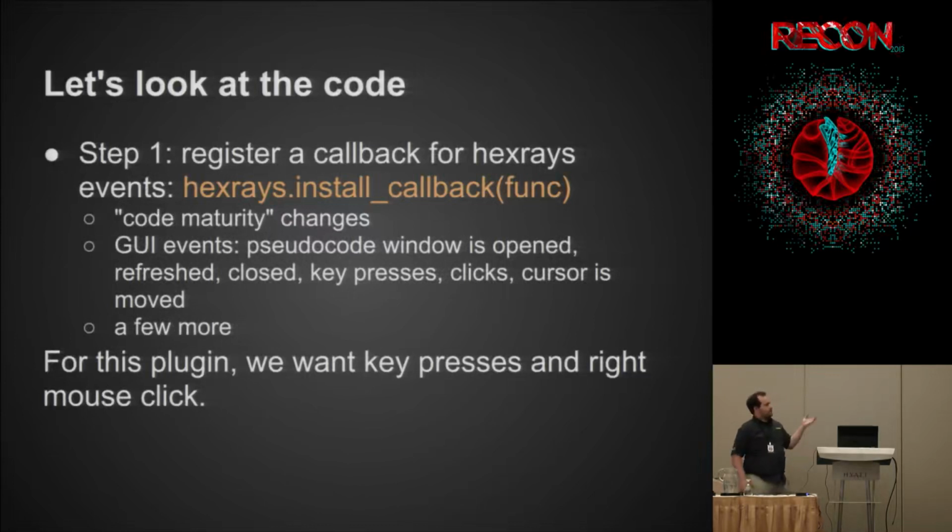So you get many GUI events. You also get the maturity changes. So every time the function is transformed by the decompiler, you get a callback. In this case, we want key presses. Also, the right click has a link to show the xref.